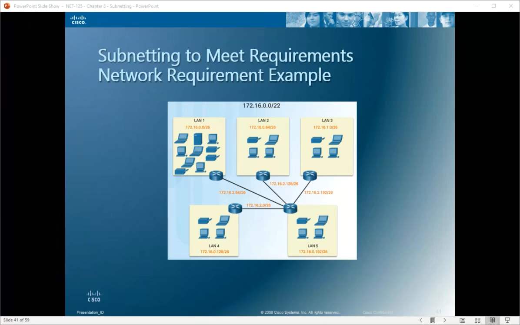We've got 2.64, 2.128, 2.192, and 2.0. So you can see that our individual LANs are using the .0 interfaces, and the router links are using the .2 interfaces in order to differentiate, so that way we're still setting them out. So we've technically got, because of the connections between each, 9 total subnet interfaces here.